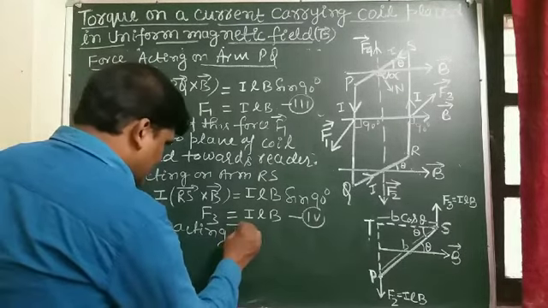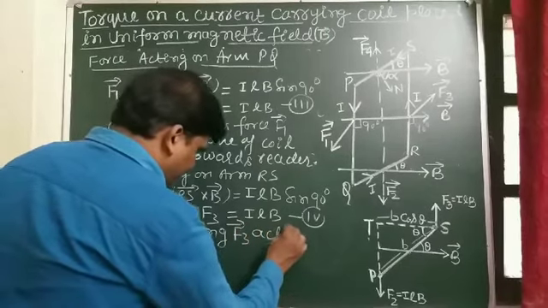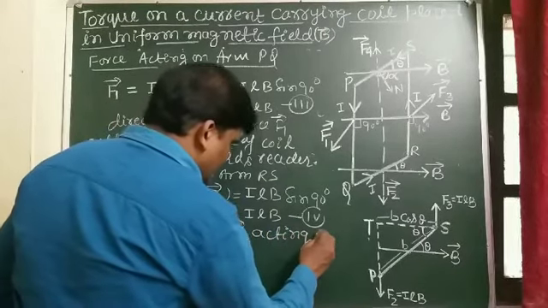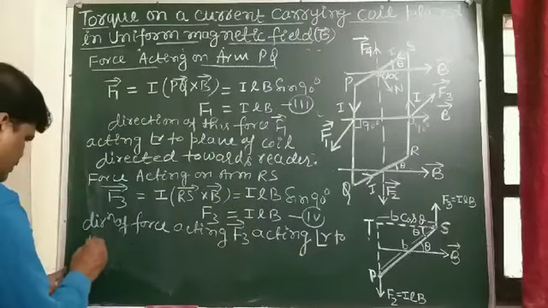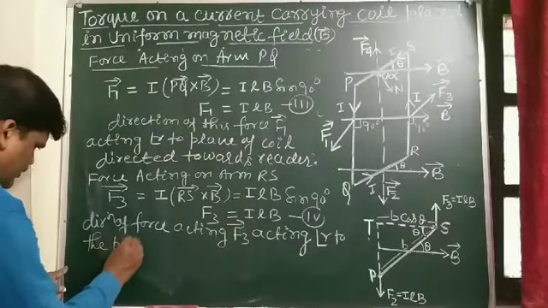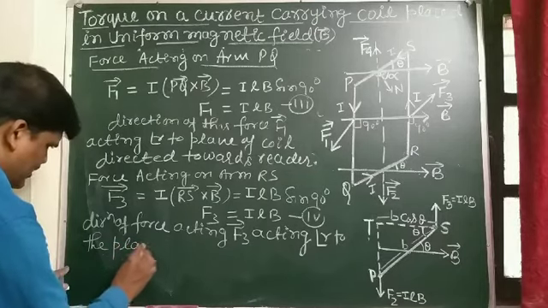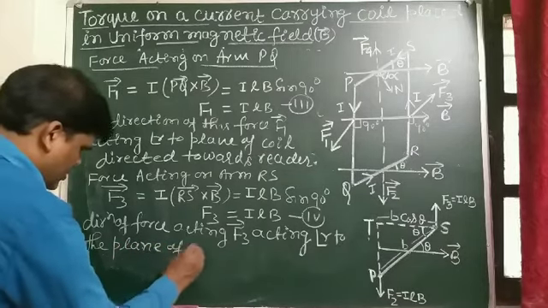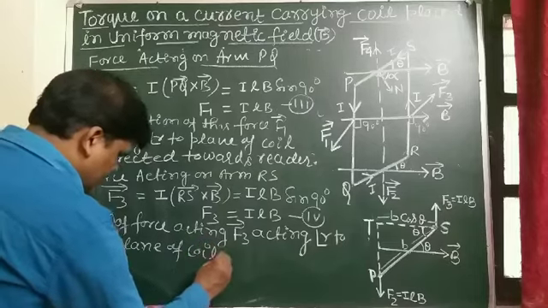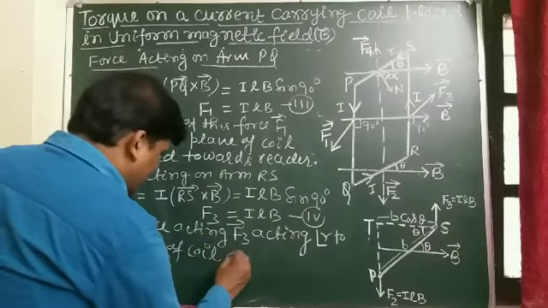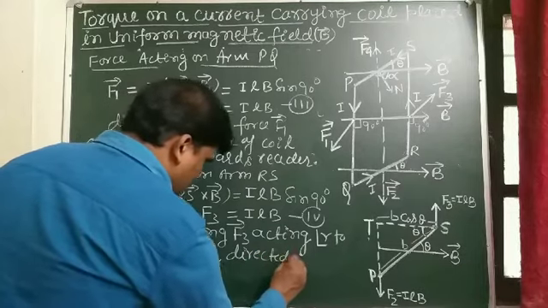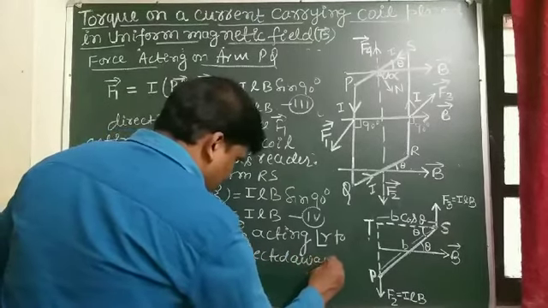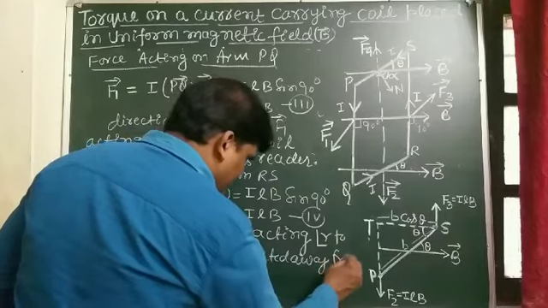F3 acting perpendicular to the plane of coil, directed away from coil, directed away from reader.